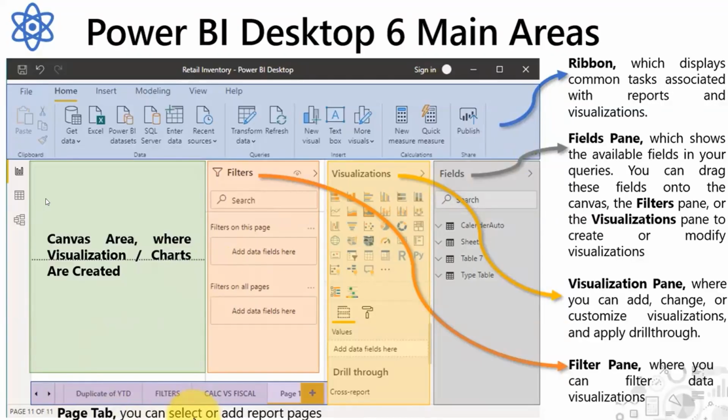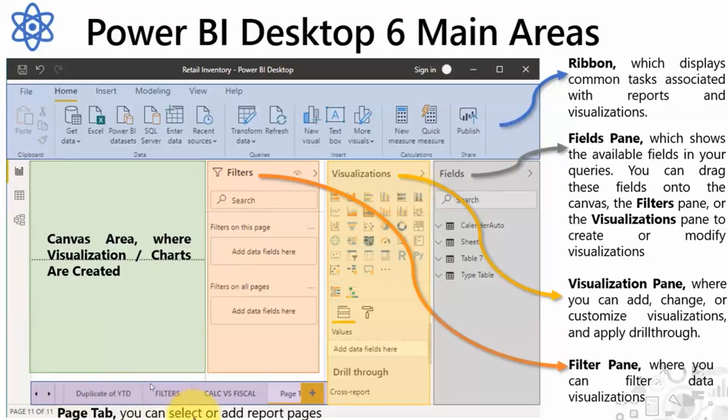This is the central canvas. In this particular area, we are going to build the visualization. By default, you can observe the slicers and the filtration part. Either you want to filter on this one particular page, or you may want to filter based on a particular criteria or category on all the designed pages.